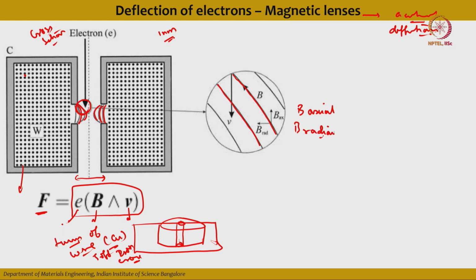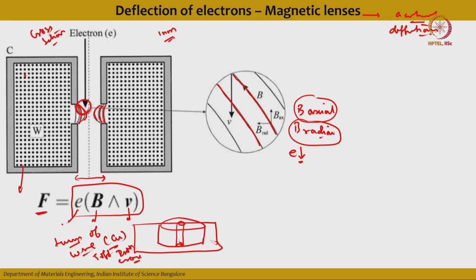And depending upon the electron trajectory or the direction of electron movement, either B axial or B radial will come into play. In certain regions both come into play, which applies a force on that particular electron depending upon its direction.